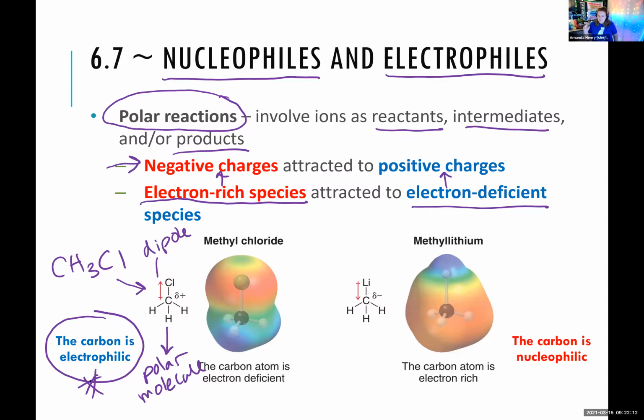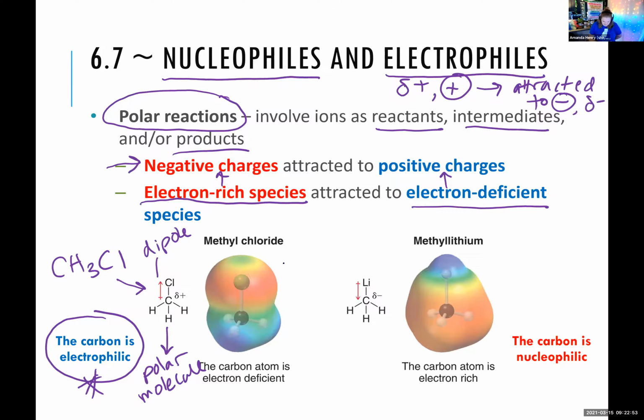Do you remember what the suffix philic, or phile, means? Loving? Yeah, so that tells us that this carbon loves electrons, or it's attracted to electrons. When something's an electrophile or electrophilic, that means that it's going to be partially positive or positively charged, and it's going to be attracted to things that are negative or partially negative. We can see that in our little diagram here, our electron cloud picture.